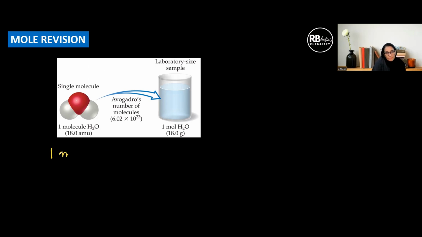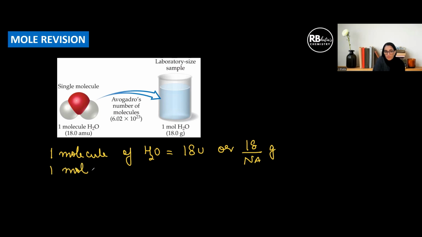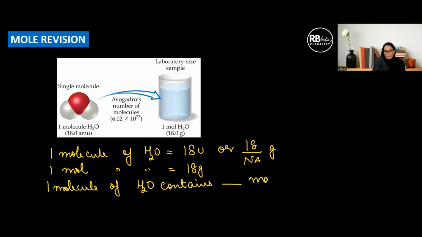Similarly, if I ask you the mass of one molecule of water, you're going to say this is 18 U, or if I want the answer in gram, you will say it's 18 upon Avogadro number of grams. The mass of 1 mole of water molecules is going to be 18 gram. And if I ask you, 1 molecule of water contains dash mass of hydrogen, what are you going to say?